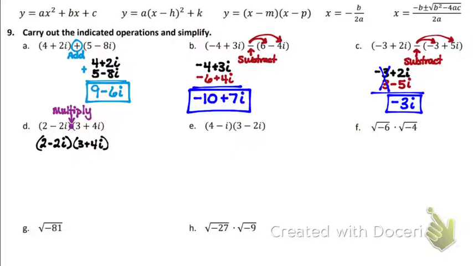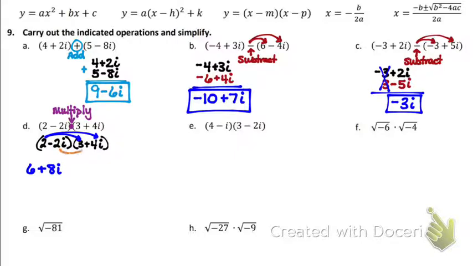So I'm going to take the 2 that's in front here, and I'm going to distribute that to both pieces in this second number. What's 2 times 3? 6. What's 2 times 4i? 8i. I have a positive 8i.